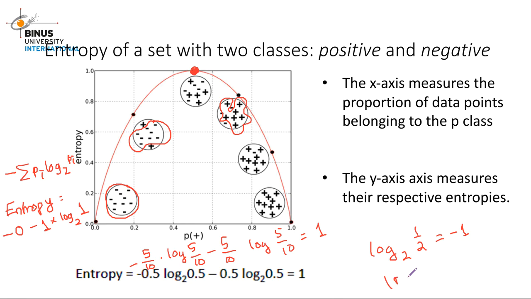Log base 2 of 1 equals 0. Remember the log function: 2 to the power of 0 equals 1, and 2 to the power of minus 1 equals half. So this equals 0.